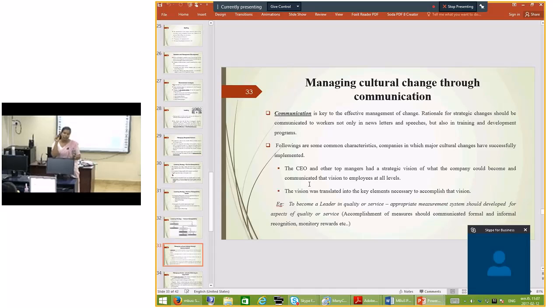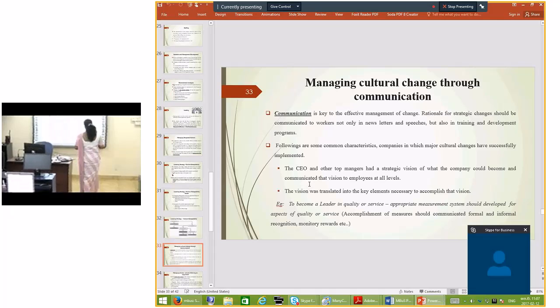Then only can we measure the performance of that particular employee. Then we can go for the target, like producing a bulk amount of around 1000 t-shirts. The vision has to be translated into KPIs, key performance indicators. Then only can we get the work done from employees. Clear?